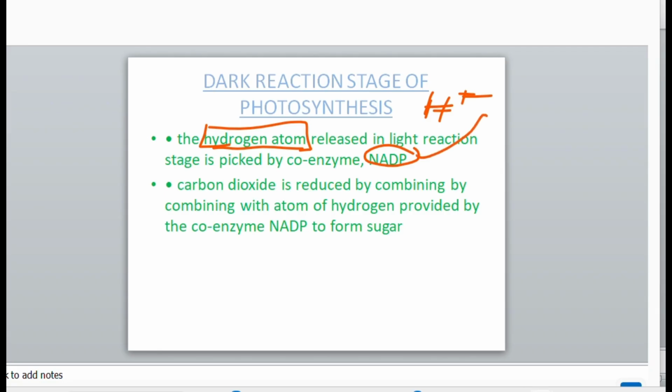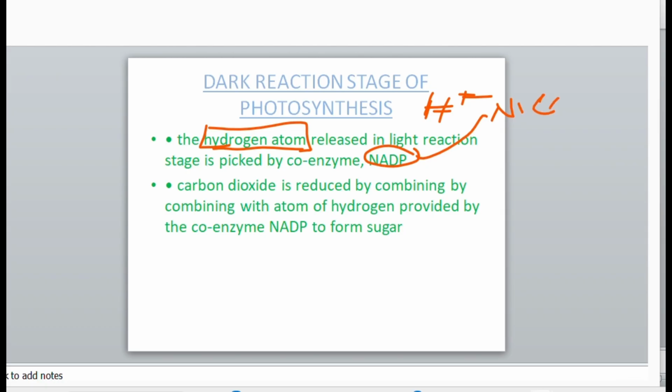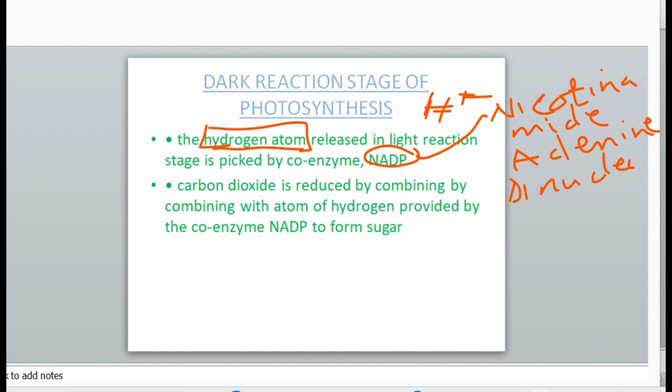So the coenzyme nicotinamide adenine dinucleotide phosphate picks up this hydrogen ion that was released during photolysis of water.